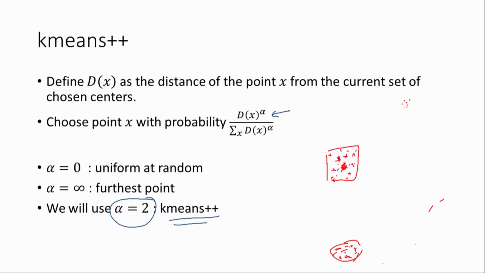For the second center, will it be more likely to be chosen from here, or from here? Imagine that these two are the same distance r from the first center. Where is the next point more likely to come from?